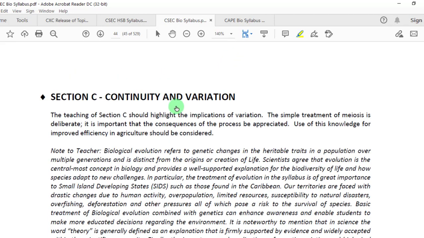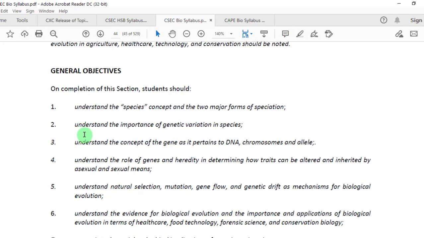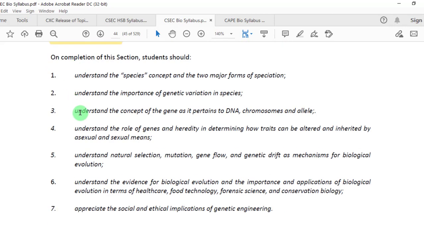Unlike the other topics given, this last topic refers to the entire section. So the general objectives become very important in terms of how you're going to guide your study, because there are some general objectives that are almost like a specific objective. For example, general objective 6.